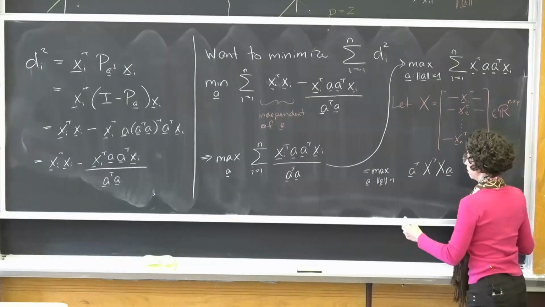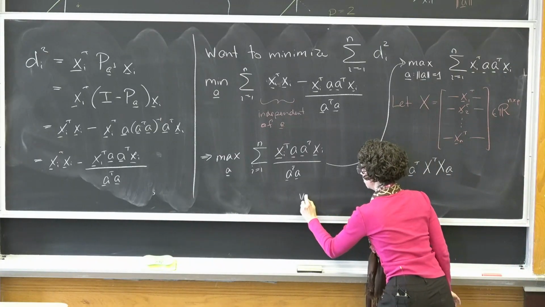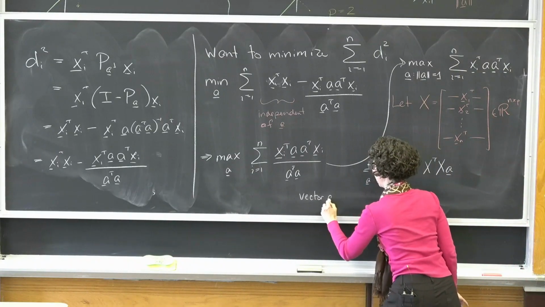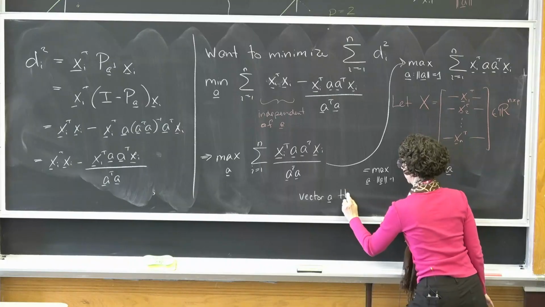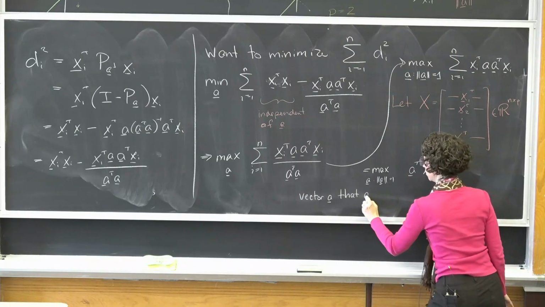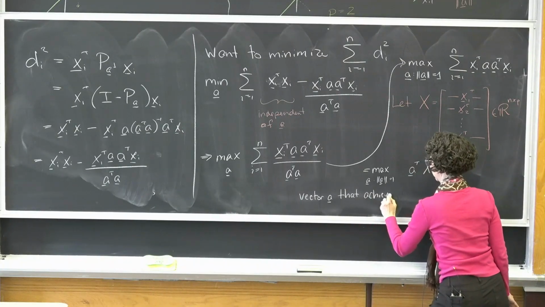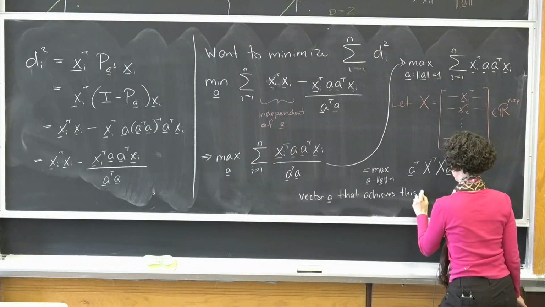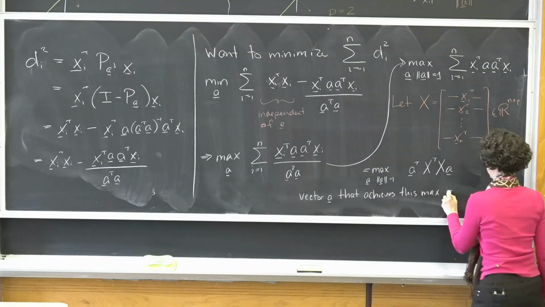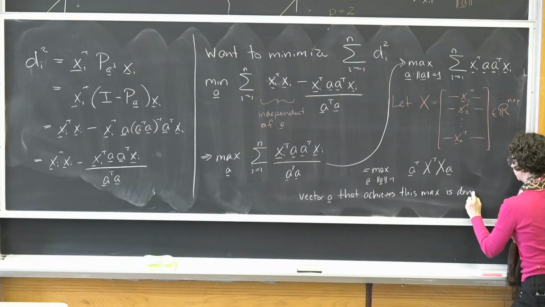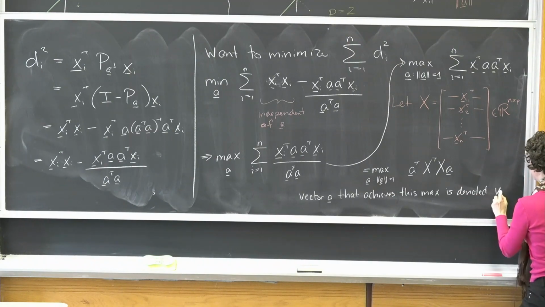So in particular, the vector A that achieves this maximum is denoted V1.